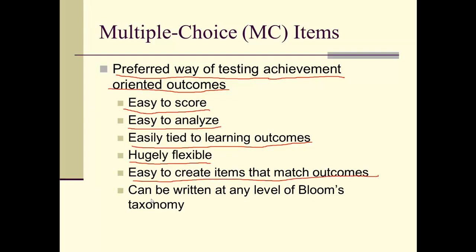And we can create items that match our outcomes. So we can kind of customize our test items to look at the objectives that we've got in place for us, that we want our students to be able to know. And then we can write them at any level of Bloom's taxonomy, which deals with learning styles.